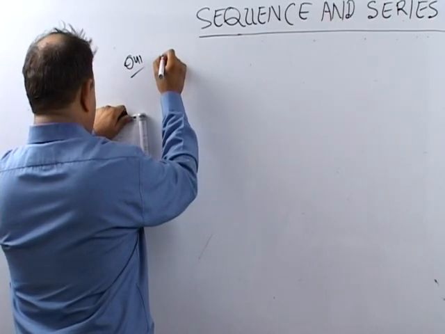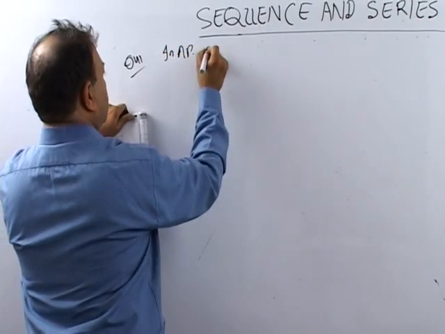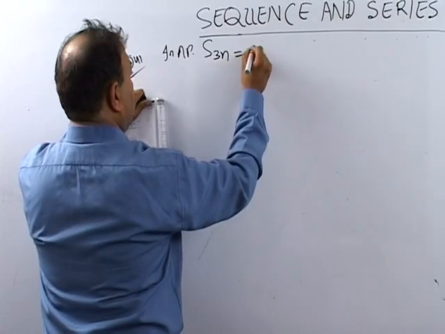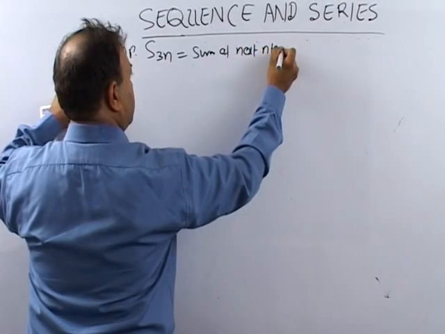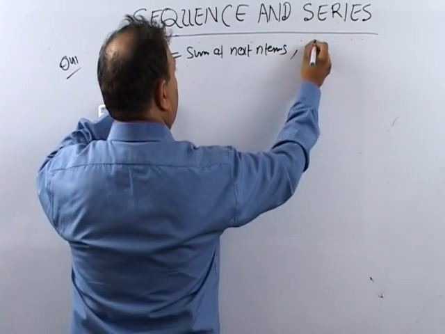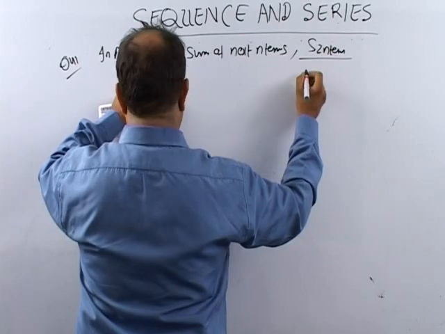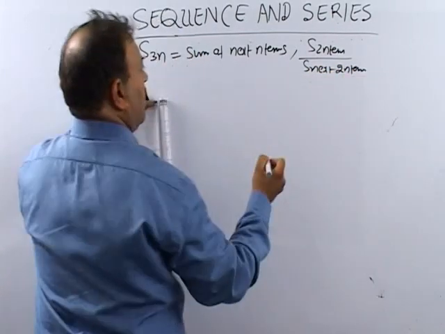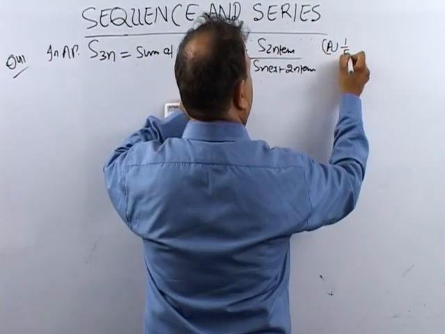We have been given an AP: sum of 3n terms is equal to sum of next n terms. We have to find S of 2n terms upon the sum of the next 2n terms. This ratio we have to find.